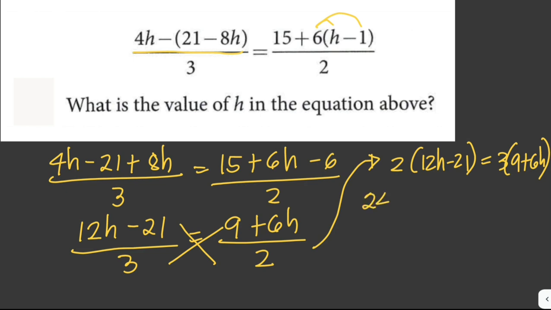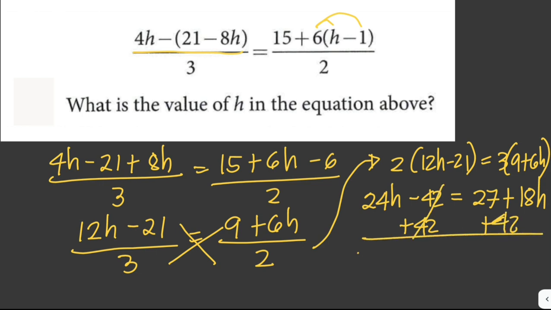And then we can distribute 2 and 3 to the corresponding expressions inside the parentheses. So this is 24h - 42 equals 27 + 18h. And then we add 42 to both sides.